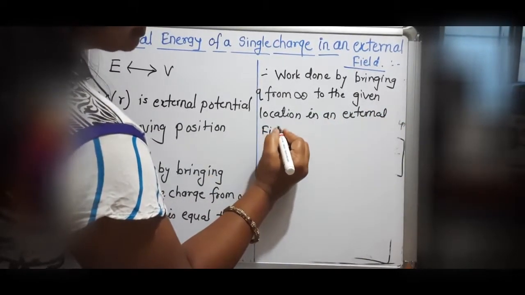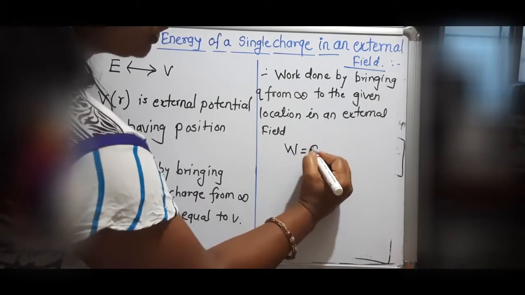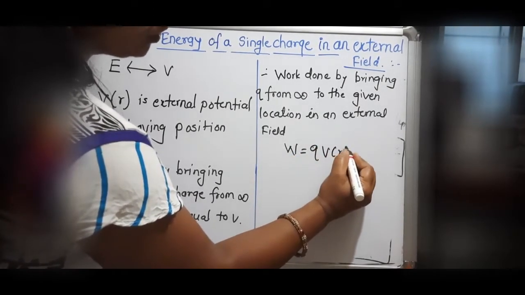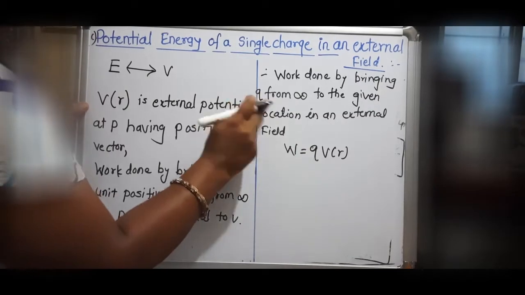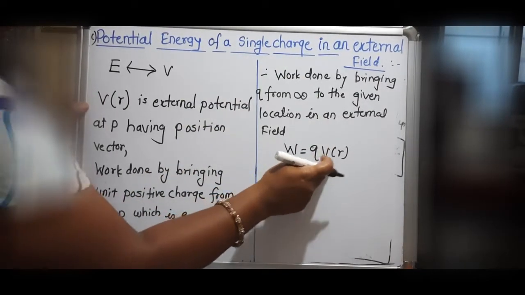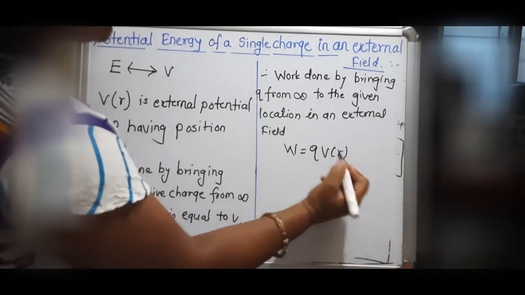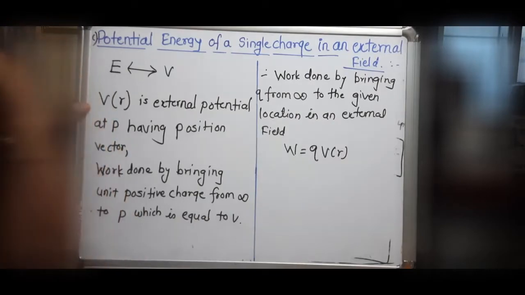is W equal to Q V(R). This charge Q is brought from infinity to the location R in an external field.